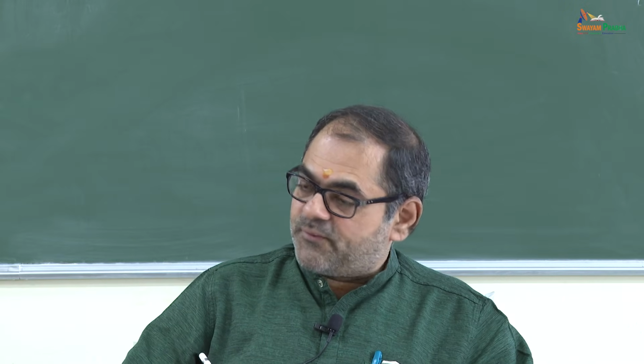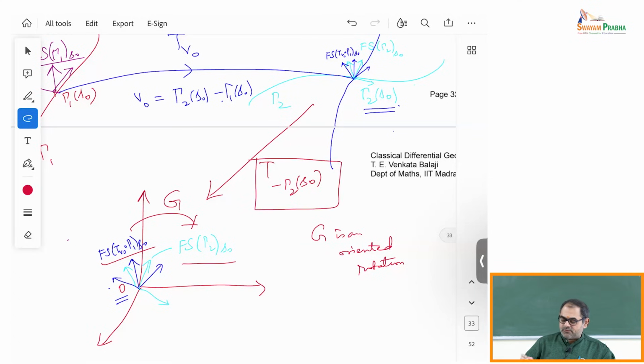But what is that transformation? So what I have to do is first apply this T minus gamma 2 of S0. Then make this rotation G, and then I have to come back by T gamma 2 of S0.